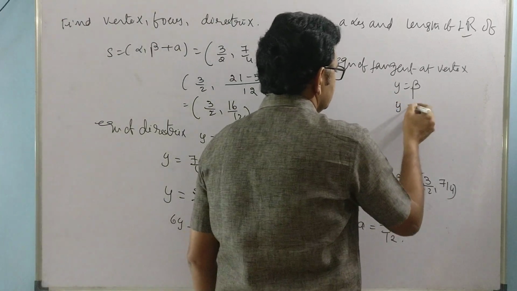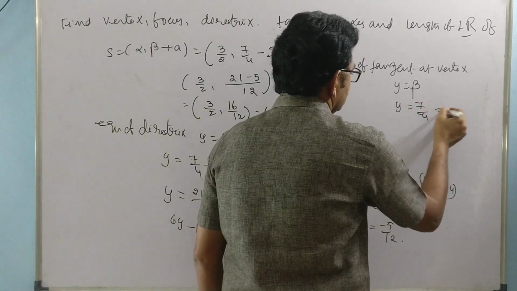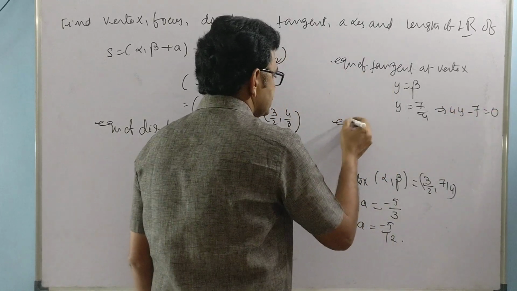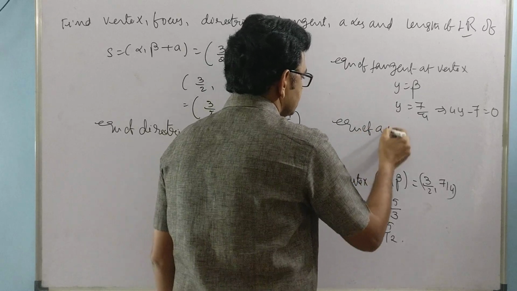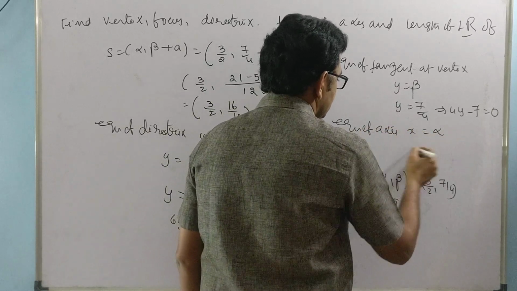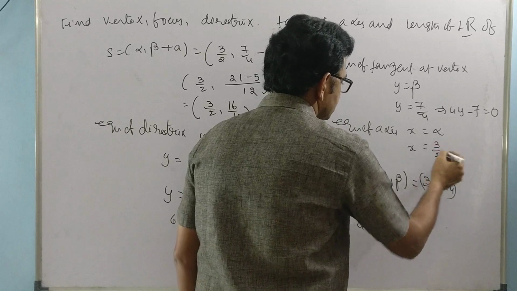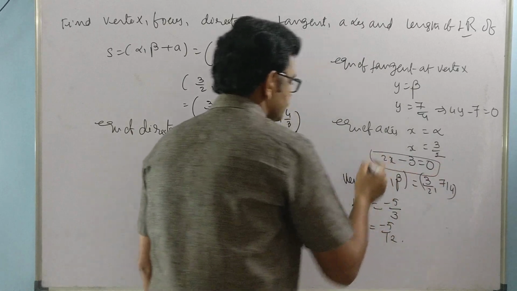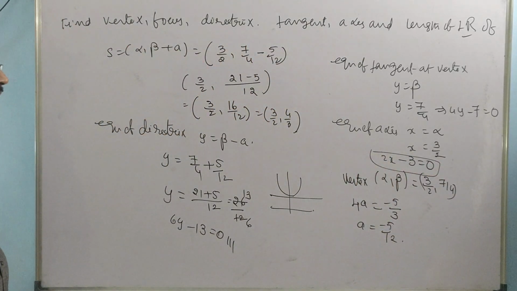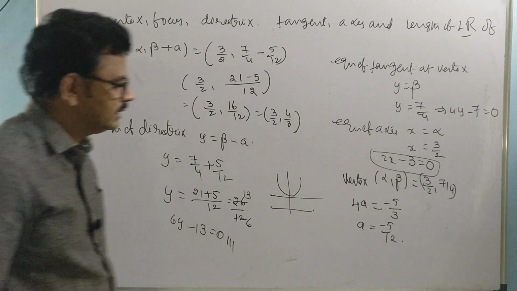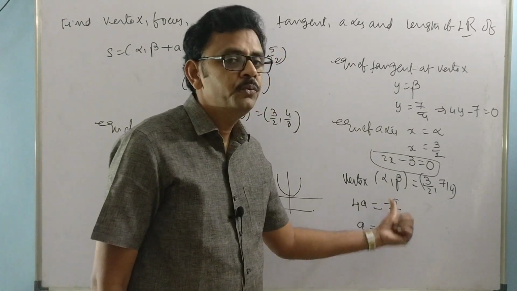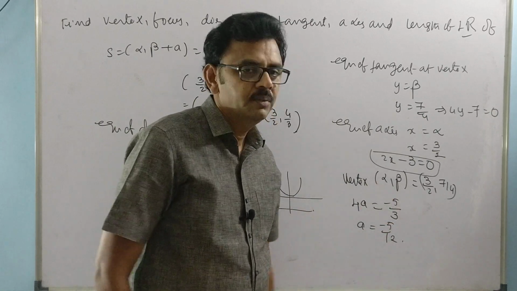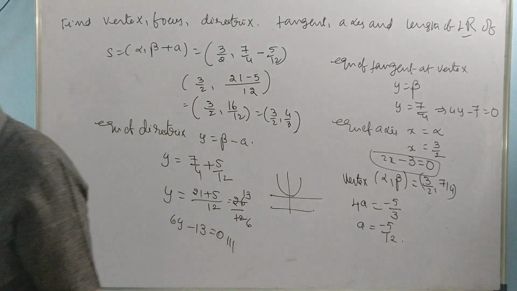Therefore y is equal to 7 by 4, which implies 4y minus 7 equal to 0. And equation of axis: x equal to alpha, where alpha is 3 by 2, that is 2x minus 3 equal to 0. Okay, and the length of latus rectum is mod 4a, it is 5 by 3, not negative values, so 5 by 3 is the length of latus rectum.